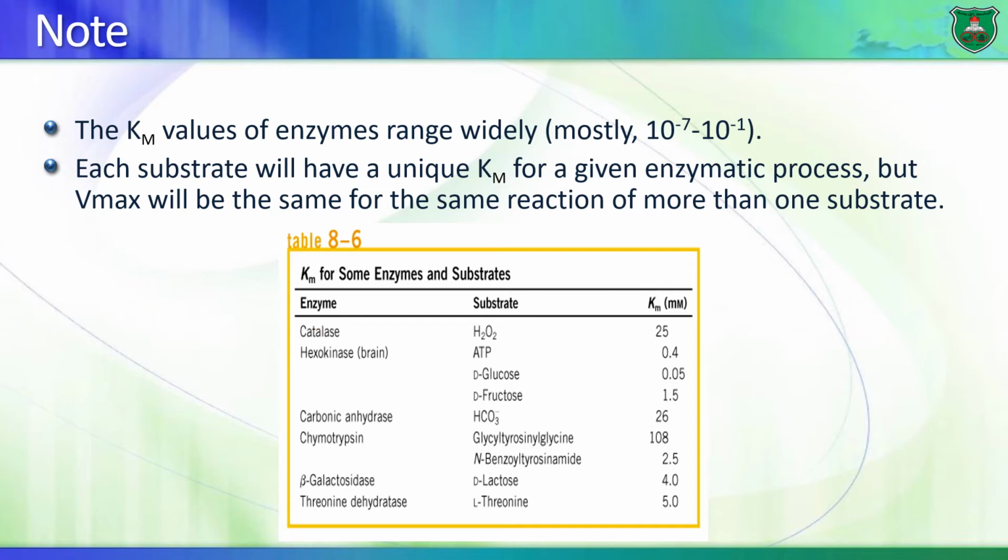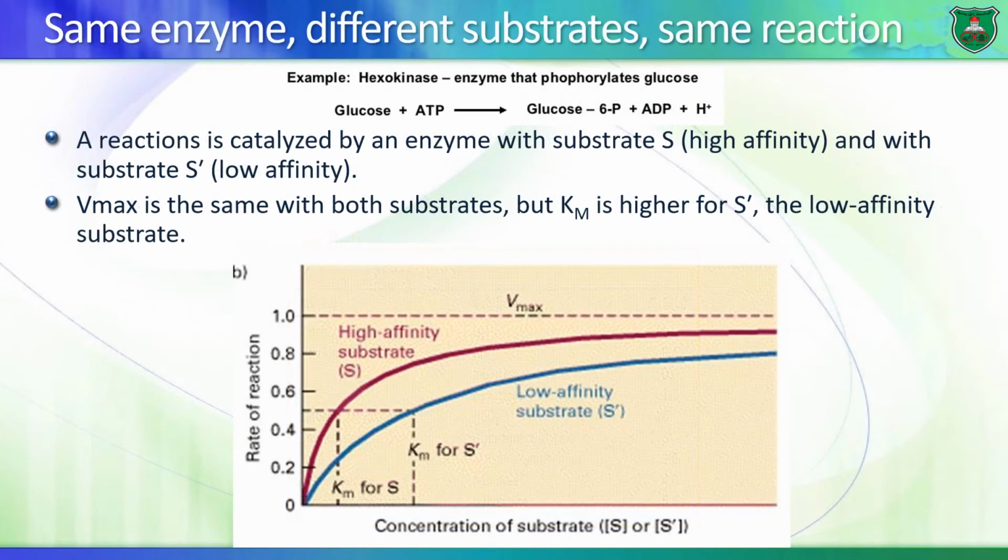Now, let me explain this further. So let's look at example number 1. You have the same enzyme, hexokinase, binding to different substrates in one reaction. So you have glucose plus ATP, and the products are glucose 6-phosphate plus ADP plus proton.